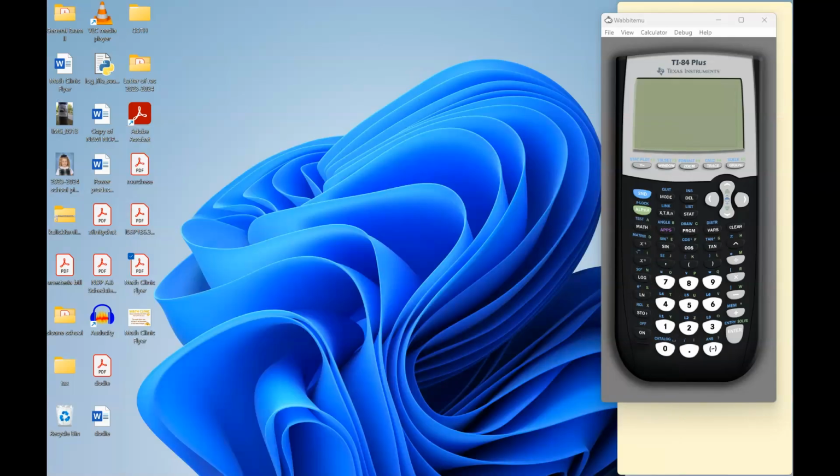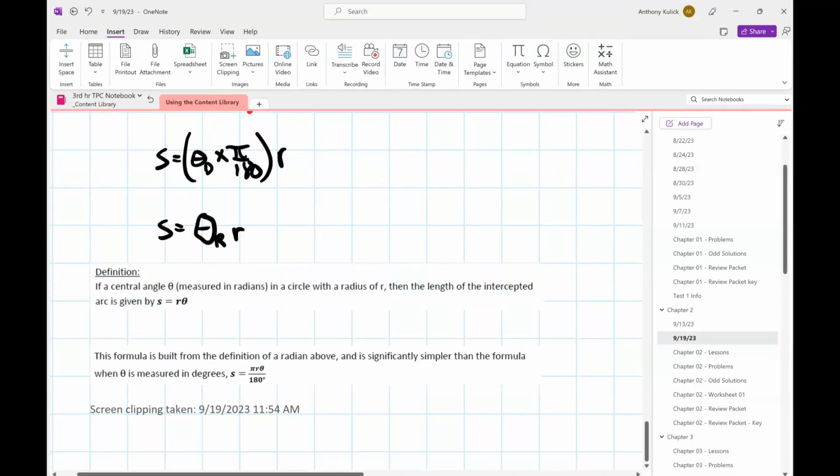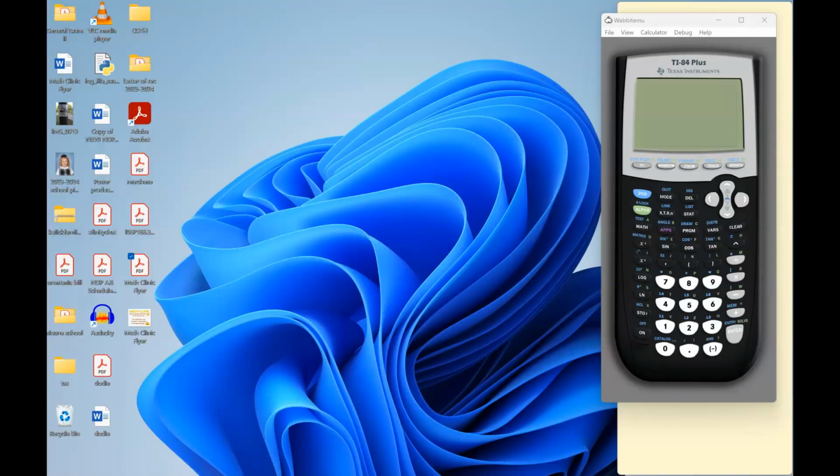And we should probably write down that formula if we're in degrees. Now let's do some examples.